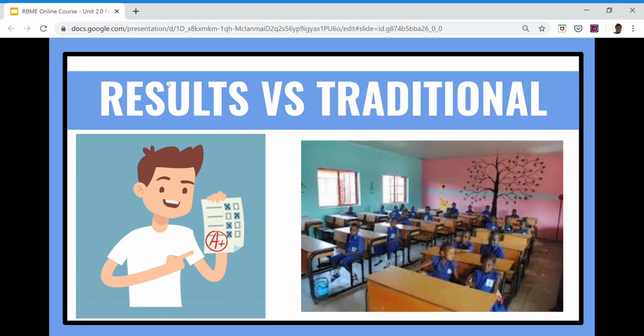In week 1, what we did was to try as much as possible to differentiate between result-based monitoring and evaluation and traditional monitoring and evaluation. If you look at some literature, you might also see participatory monitoring and evaluation, which is also a methodology, especially if you're using the learning approach.